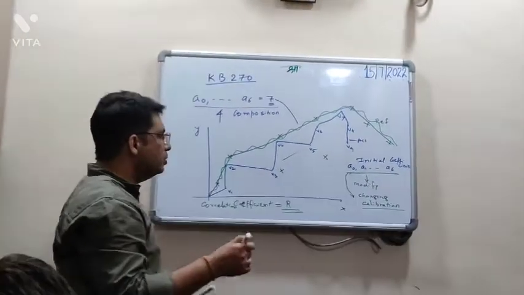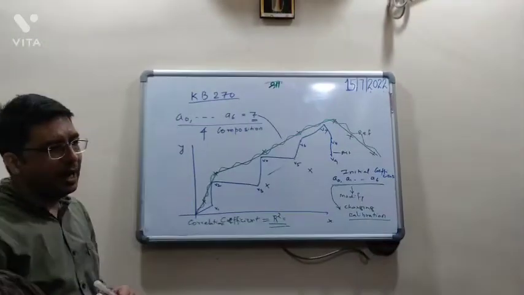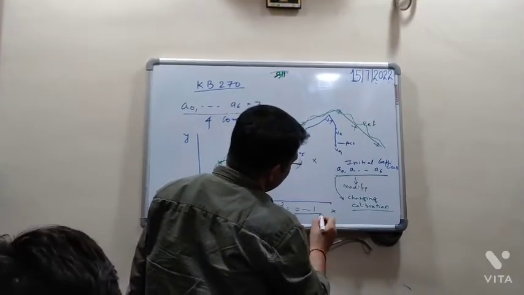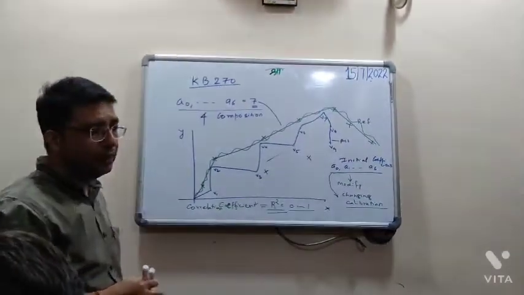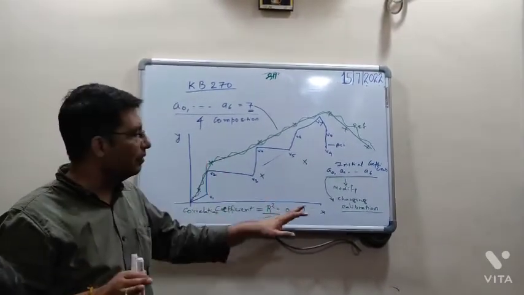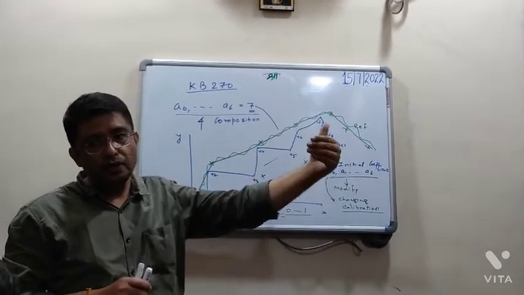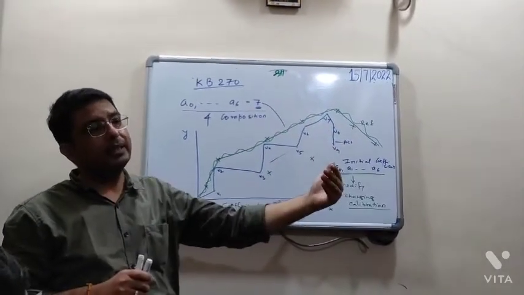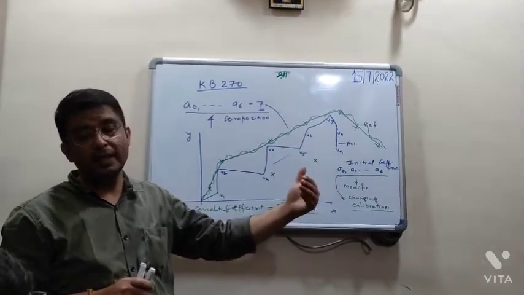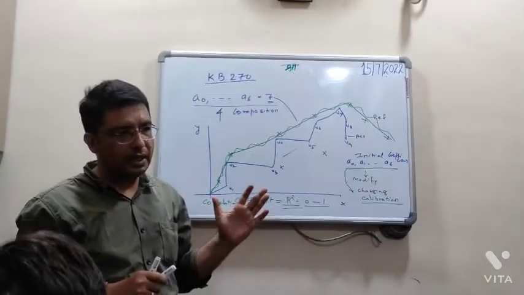Some people may use the term R square. It has a value between 0 and 1, right? 0 means not aligned. 1 means it is 100% matching. So the nearer to 1, the better the calibration. Clear?